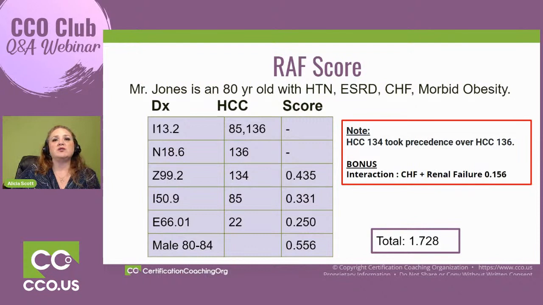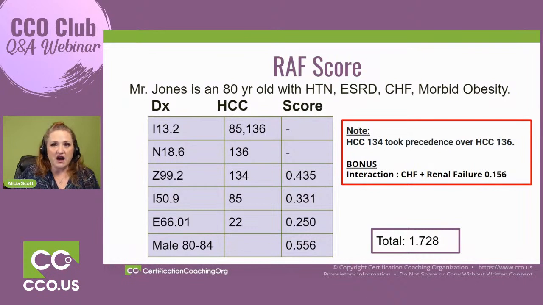The I13.2, that is hypertension with heart failure and CKD. And I just happen to have that memorized. So if they're an I10, they're hypertension. If they're an I12, they're hypertension and CKD. If they're I13, they're hypertension, heart failure, and CKD. They get 3 things. It's an easy way to remember it.